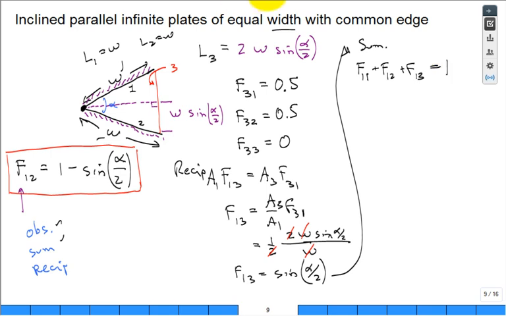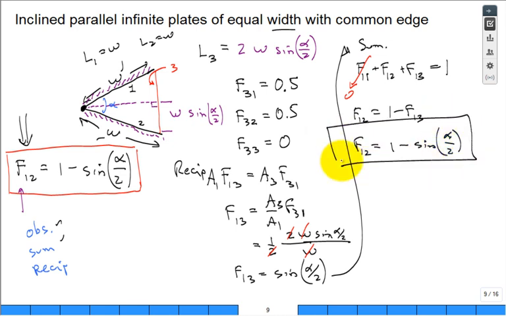One of these is 0. So the view factor 1 to 2, that's what we set out to try and calculate, is equal to 1 minus the view factor 1 to 3. It's 1 minus the sine of alpha divided by 2. QED.